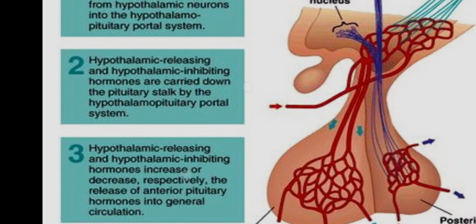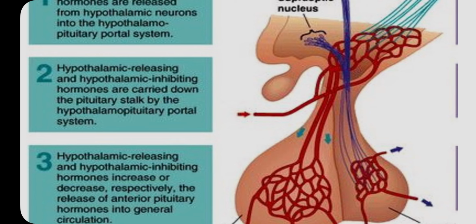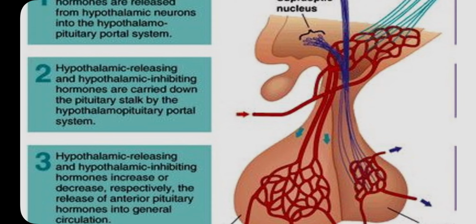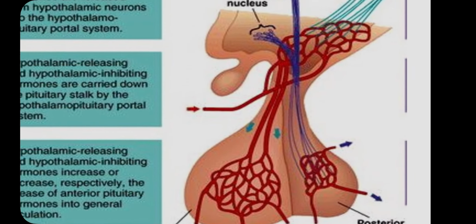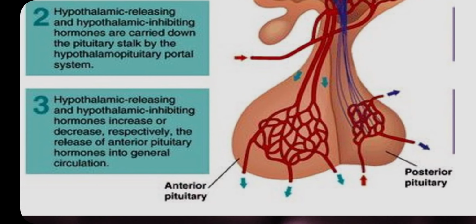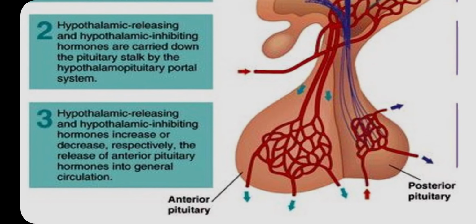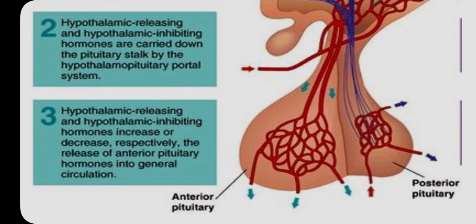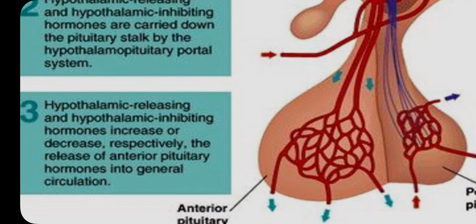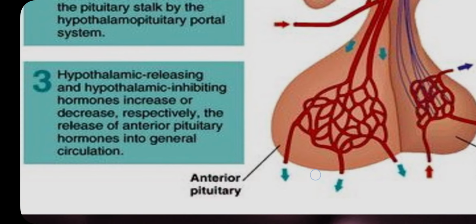The second point is that the hypothalamic releasing and hypothalamic inhibiting hormones are carried down the pituitary stalk by the hypothalamo-pituitary portal system. You can see in the diagram the arrows are showing how these are carried down to the anterior lobe of the pituitary. Then the hypothalamic releasing and inhibiting hormones increase or decrease, respectively, the release of the anterior pituitary hormones into the general circulation.